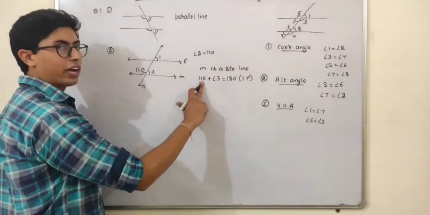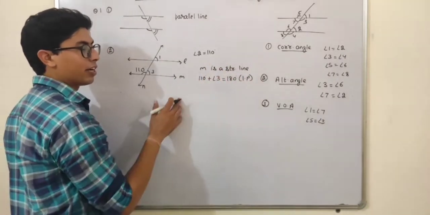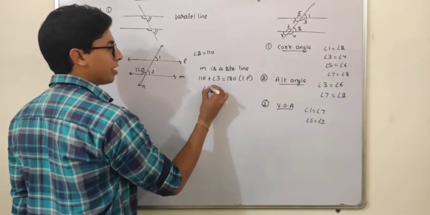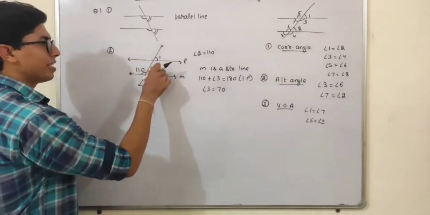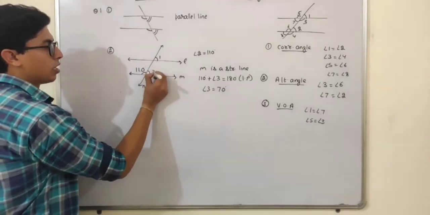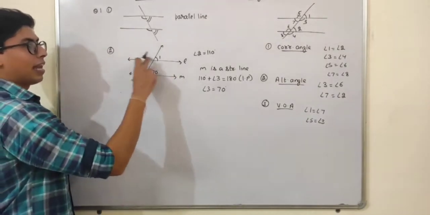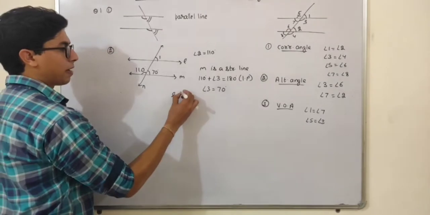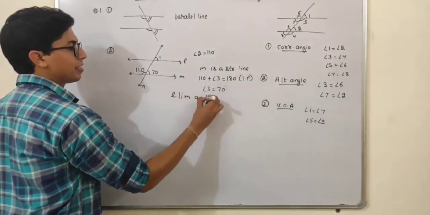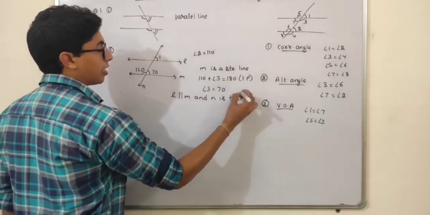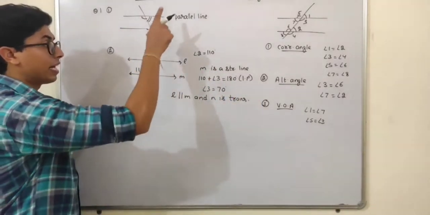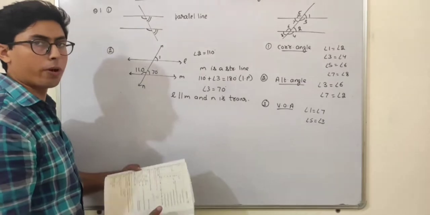Now 110, when it goes there, it will be subtracted. So angle 3 will be 70 degrees now. Now, students, L and M are parallel, L is parallel to M, and N is the transversal. Transversal means a line that cuts two or more parallel lines.